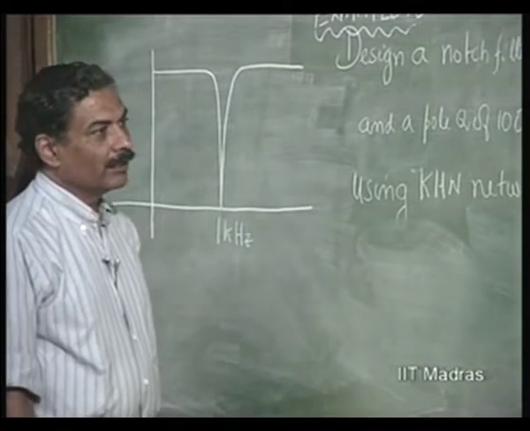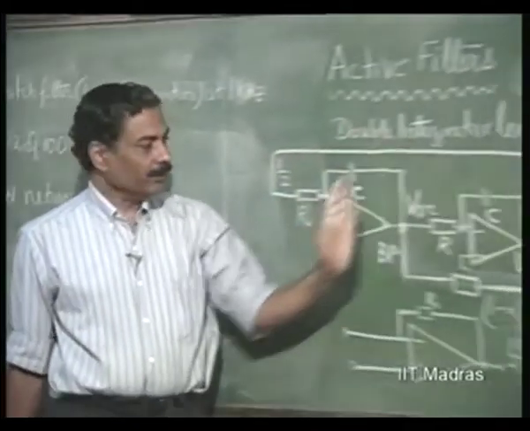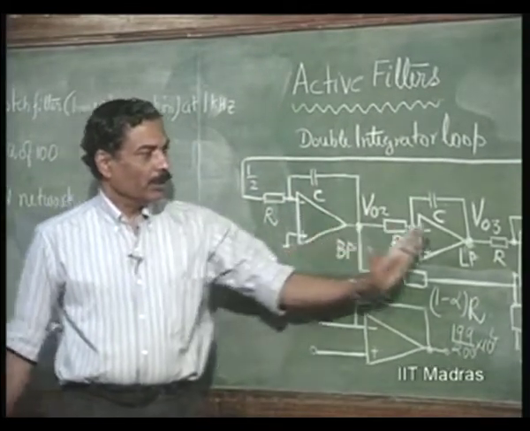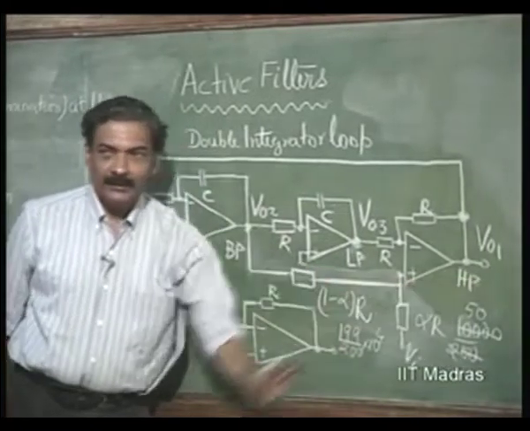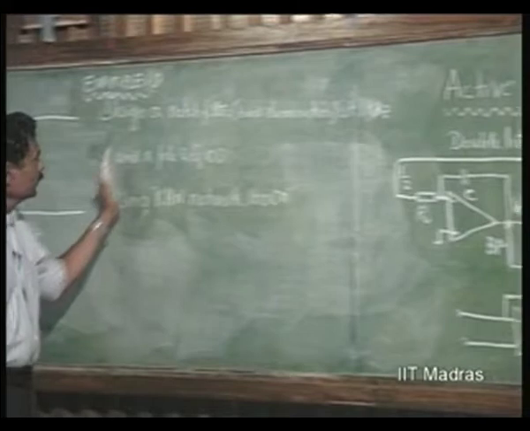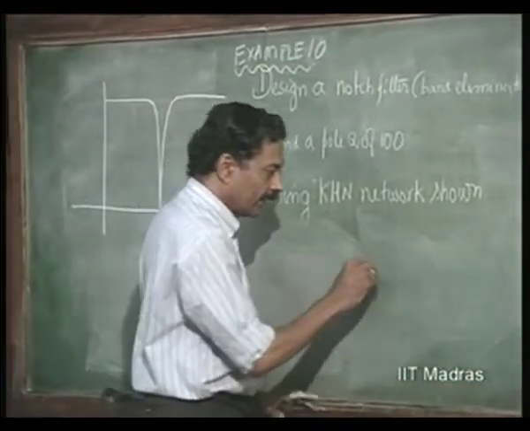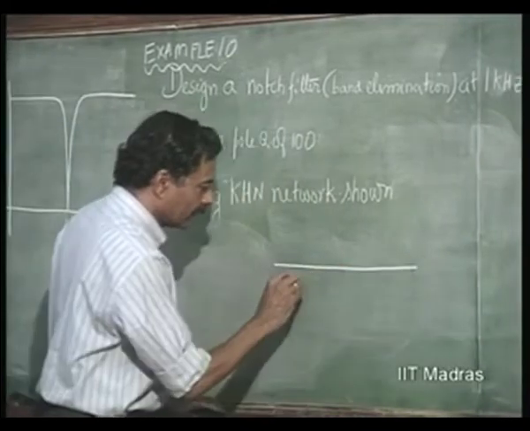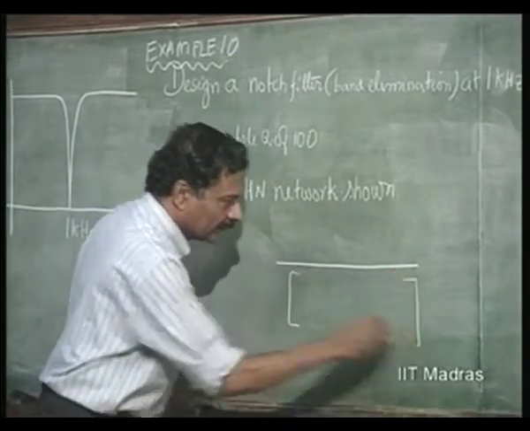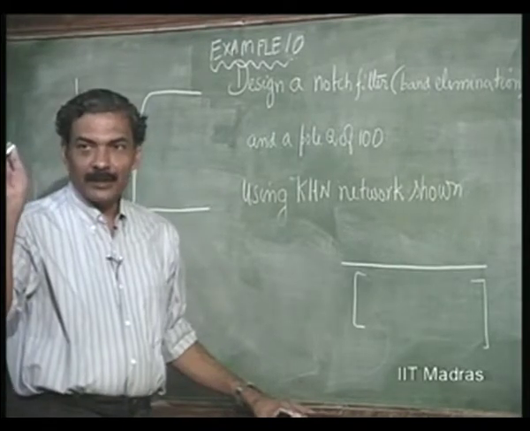Let us find out how we can use this network, which is giving you band pass, low pass and high pass, in order to obtain a notch filter or band elimination filter. We said, as far as this filter is concerned, the denominator is never changed, because the loop is fixed. Loop you cannot change.